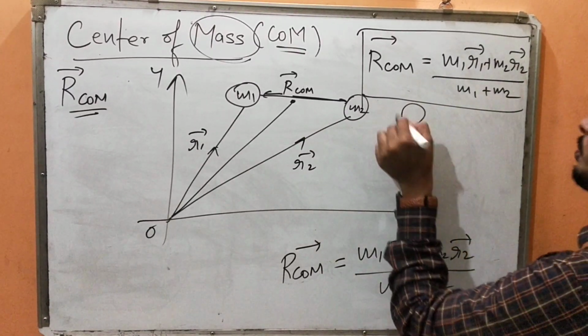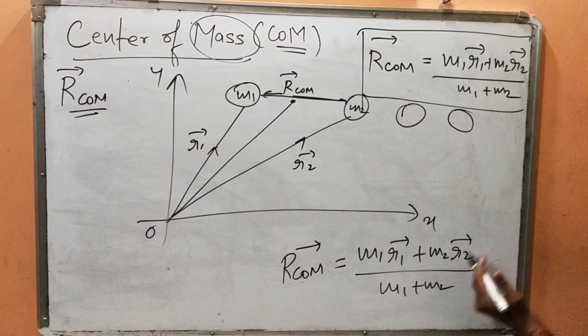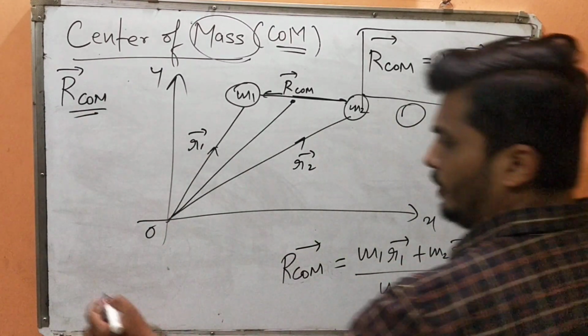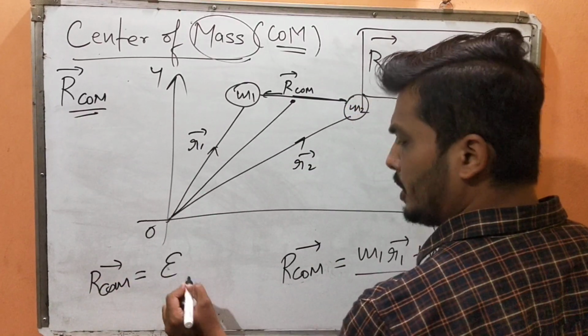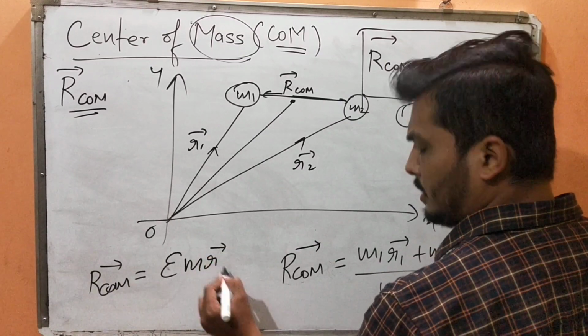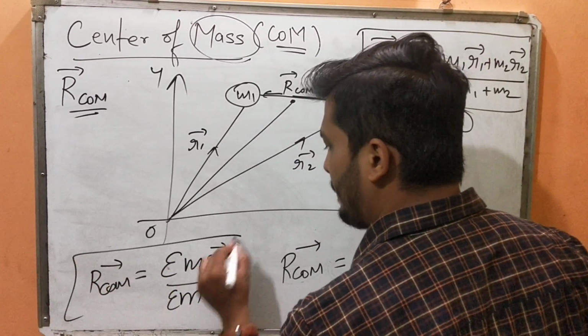So remember this formula. This formula is not here for derivation, but you have to remember it. So if there are 3 or more particles, what would you write? In this case you will write M1, M2, M3, M4 and so on. So if I write in generalized form, R center of mass can be written as summation of m r position vector divided by summation of m.